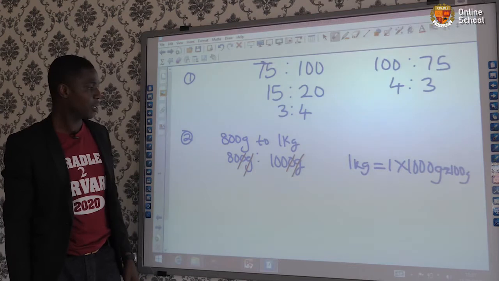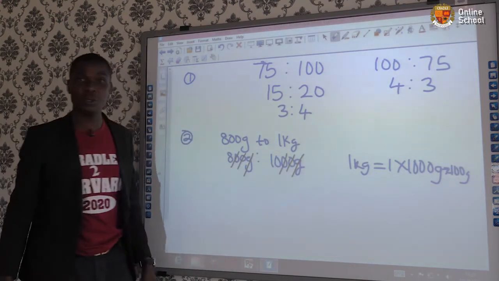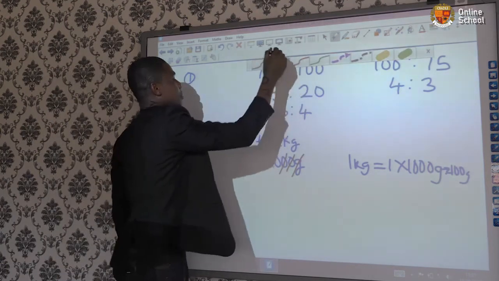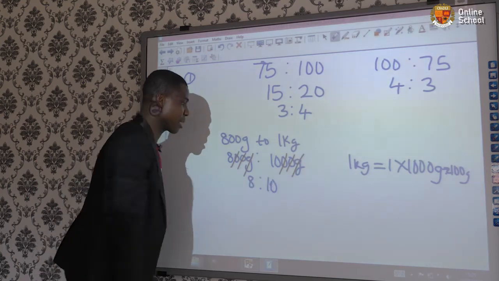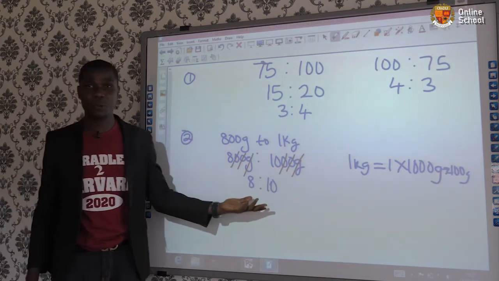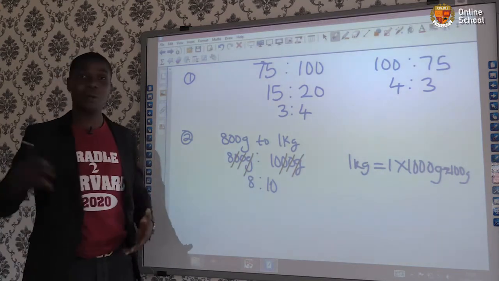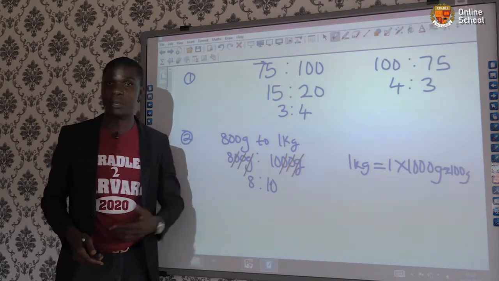Okay? It's also gone. What are we left with? We are left with 8 ratio 10. It's easier for you to break down. Whenever you have zeros at both ends, you can just strike off rather than wasting your time, especially for the sake of speed and accuracy.